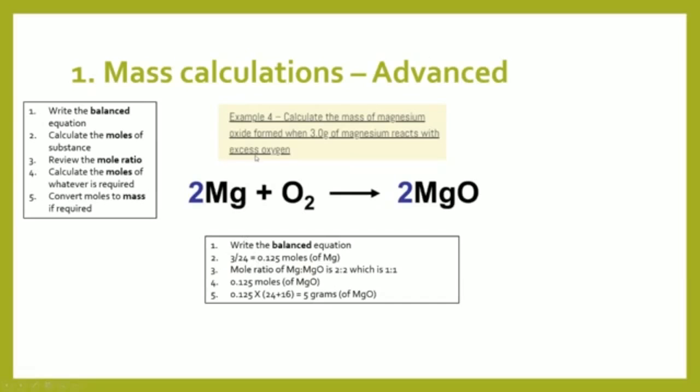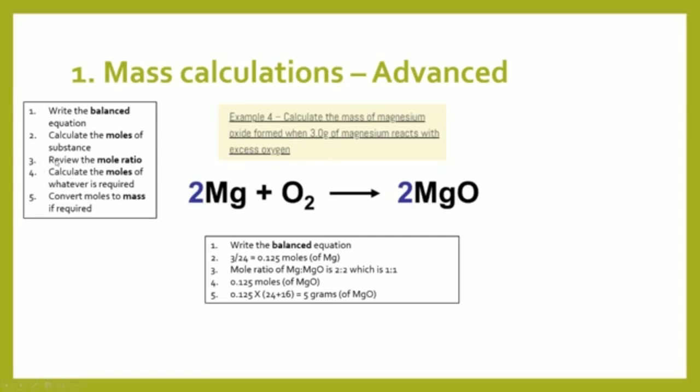So let's take a look at a bit more of a difficult example. It says calculate the mass of magnesium oxide that is formed when 3 grams of magnesium reacts with excess oxygen. So I've written down a couple of steps here. First of all, you need to have a balanced equation. Then you calculate the moles of whatever substance is in question. In this equation, we're talking about magnesium. They say 3 grams of magnesium, so you need to figure out how many moles is 3 grams of magnesium.